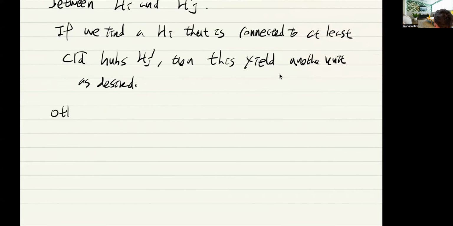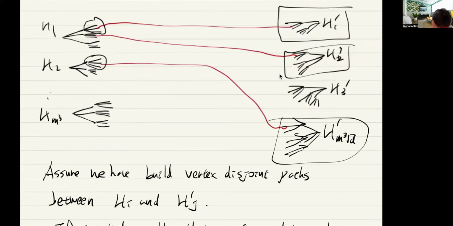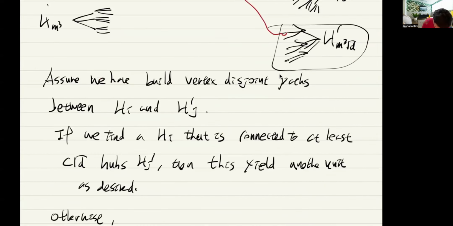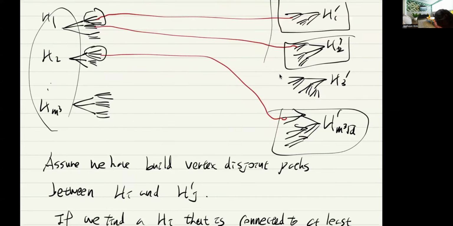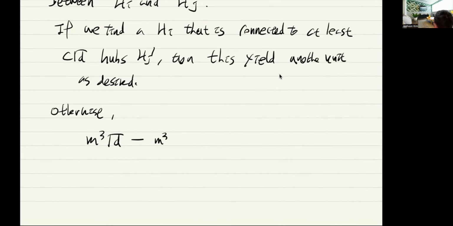Otherwise, what? Out of m cube square root of d hubs on the right side, each m cube of them is connected to less than 2 times c times square root of d of them.